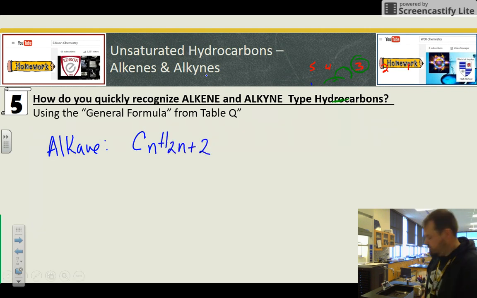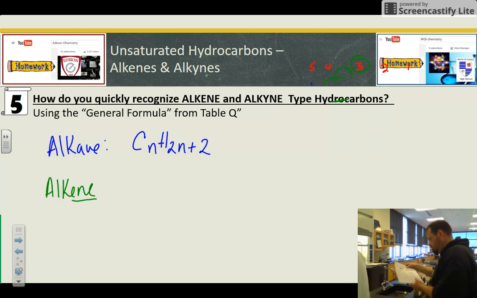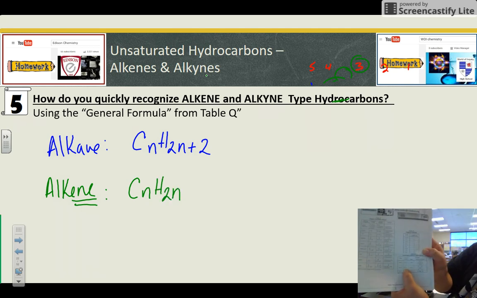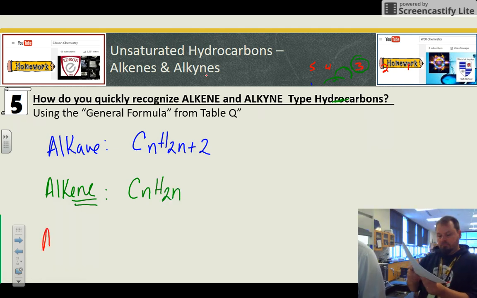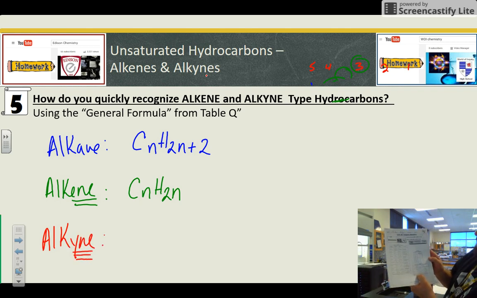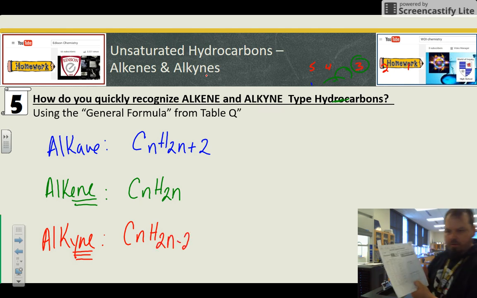That is in our reference table. Alkene is CnH2n. And alkyne is CnH2n minus 2. I remember, CnH2n minus 2. Yeah. There you go.